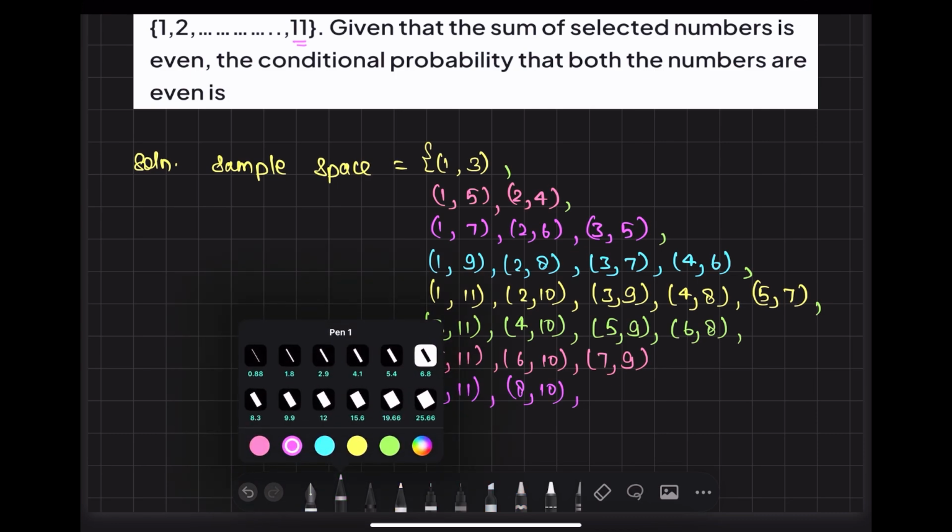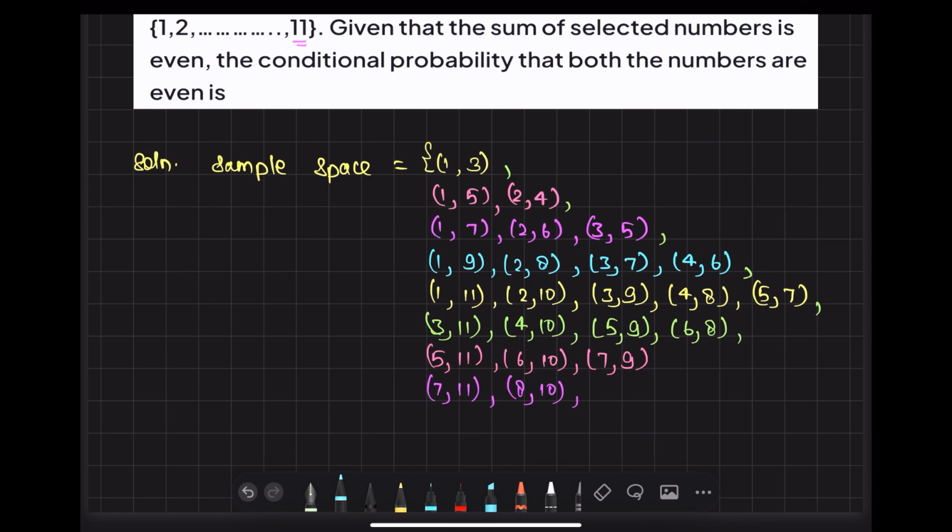Now 18 is done. Then 20. For 20, I have to go with 9 and 11. And 22 you cannot select. So this many numbers are allowed.